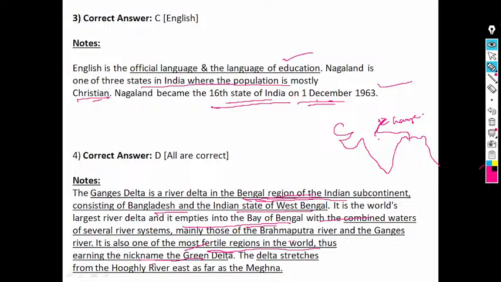Sundarbans is in this area, and this area is Bangladesh particularly. This delta stretches from the Hooghly River in the west as far as Meghna River.